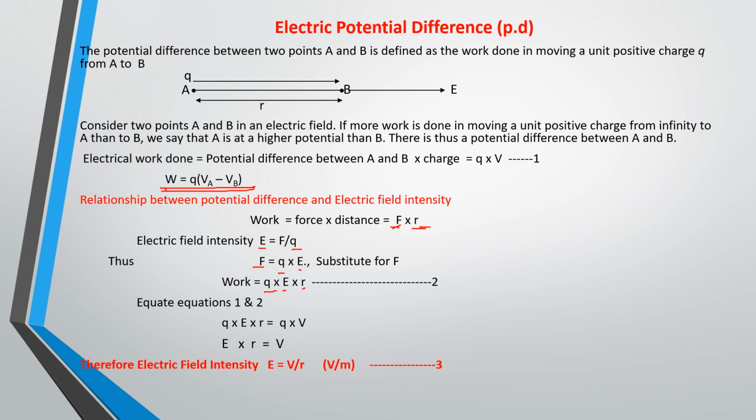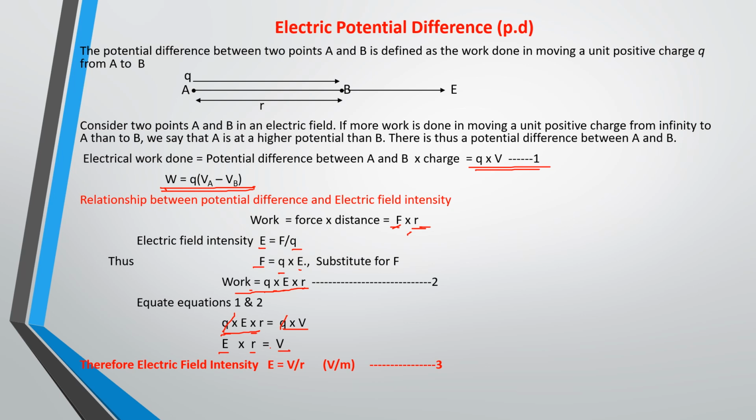So this is now your equation 2, and this is your equation 1. If we equate equation 1 to equation 2, we have charge times electric field intensity times R is equal to Q times V. These two are work done, so this will cancel out, and you have that electric field intensity times distance is equal to potential difference.